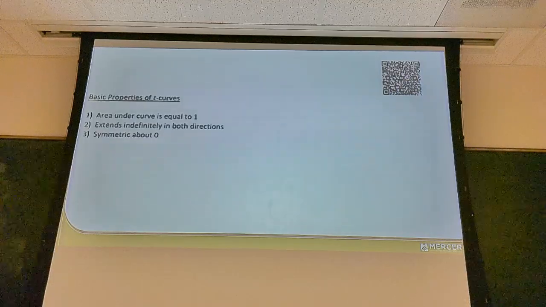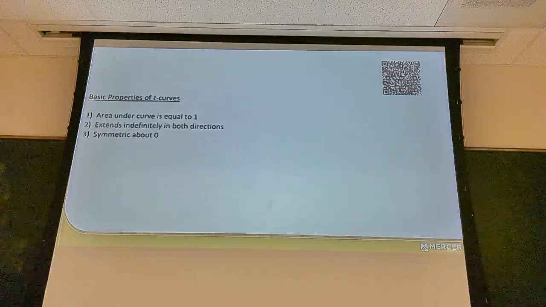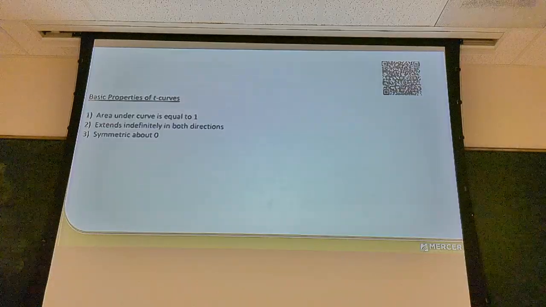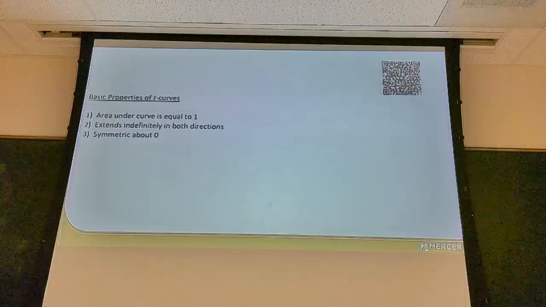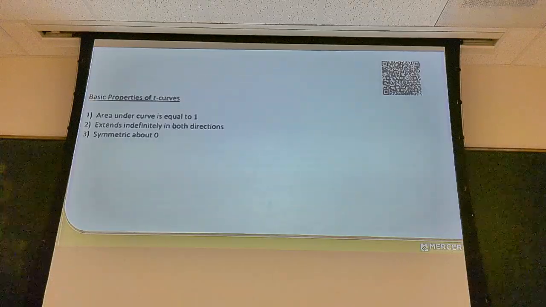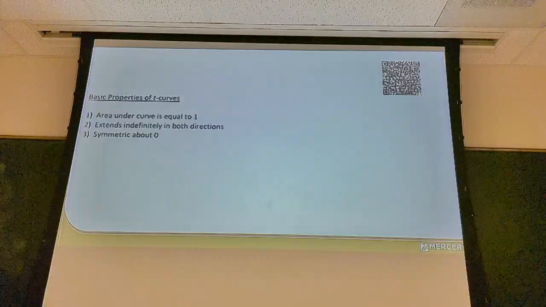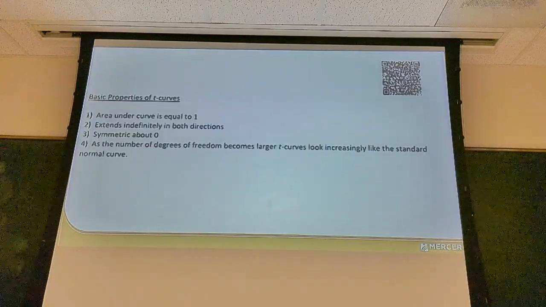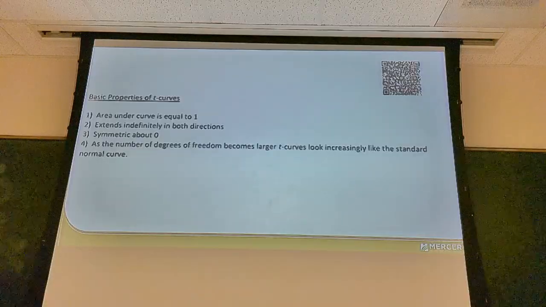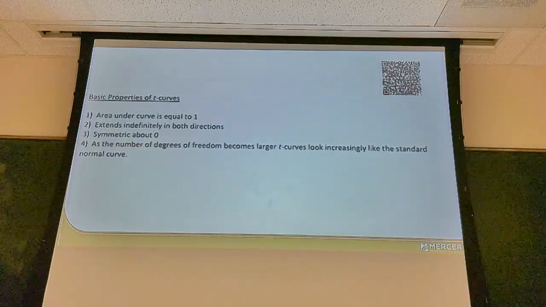The T distribution is symmetric about 0. As we let the degree of freedom increase, the T distribution will begin to look more and more like the standard normal, so the Z distribution.